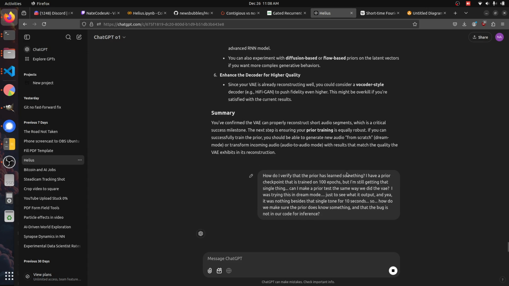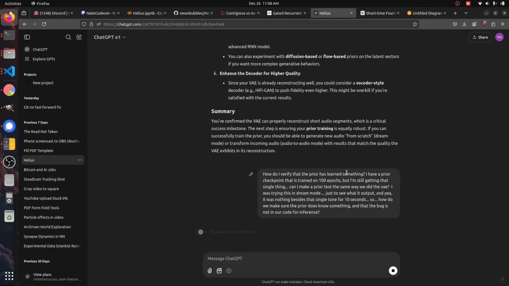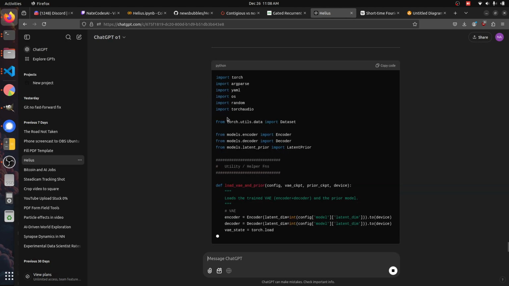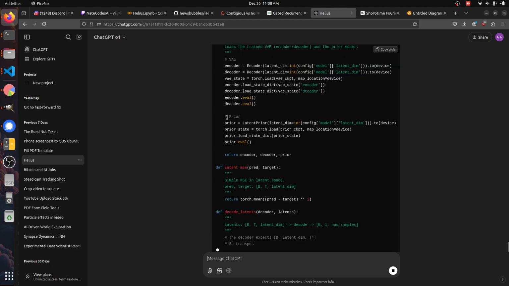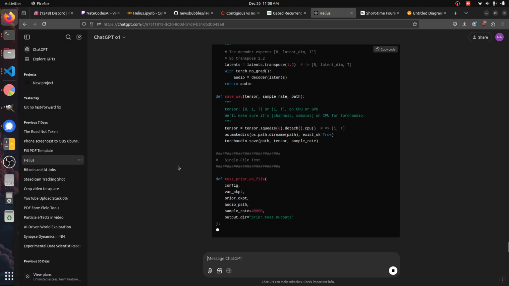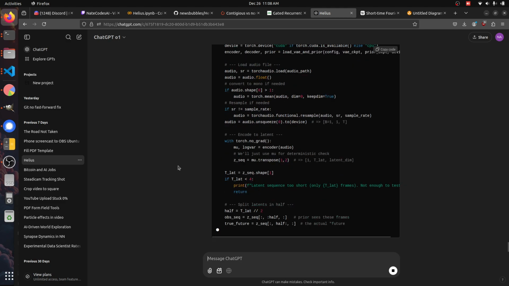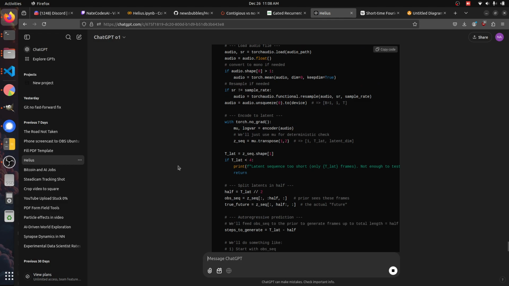Okay. Let's see if we can have it code us up a test. Okay. Test the latent prior, much like we test the VAE. Okay. Perfect. Yep. It's encoding the latent.